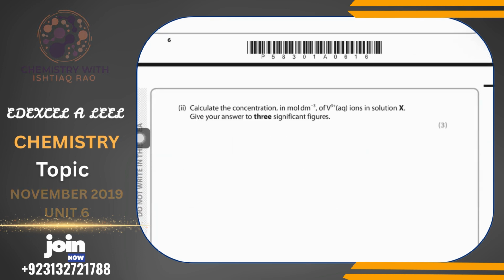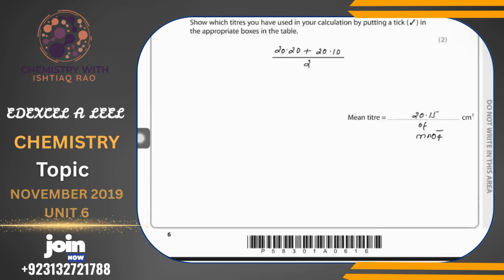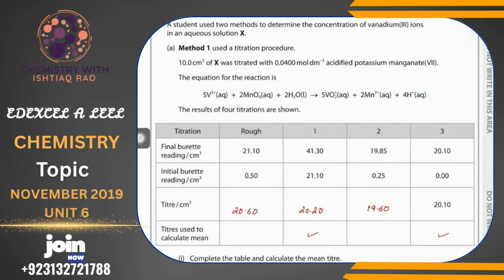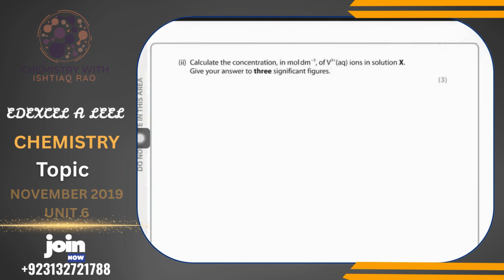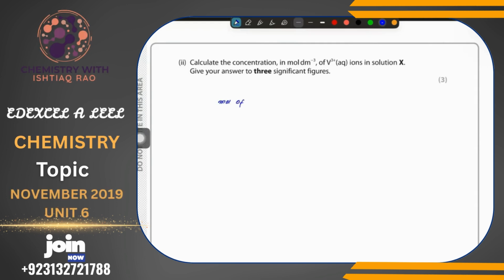So n is equal to CV. Moles of MnO4 minus is equal to 0.04 multiplied by 20.15 divided by 1000.